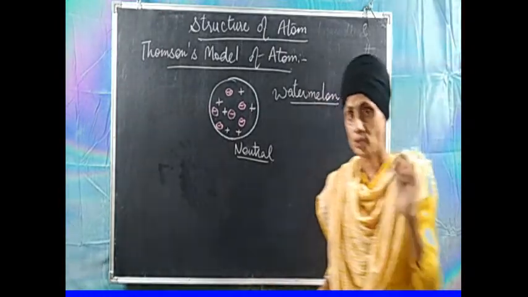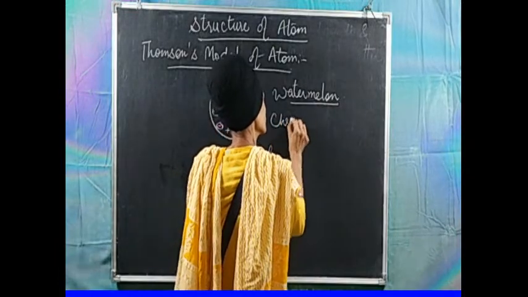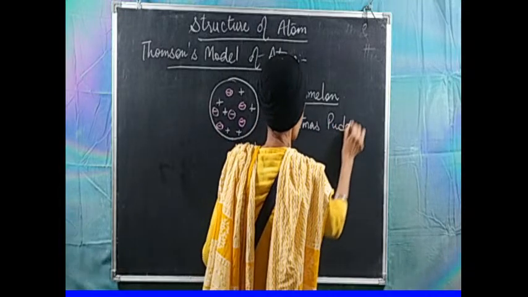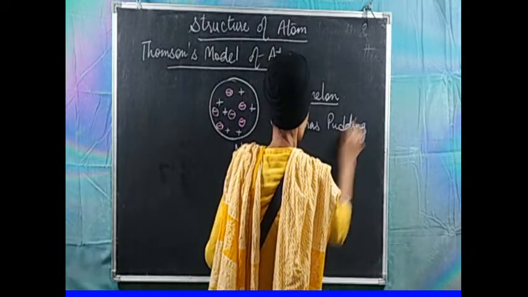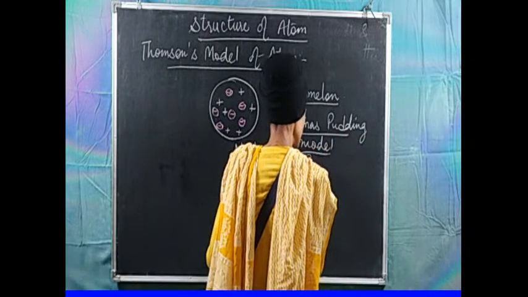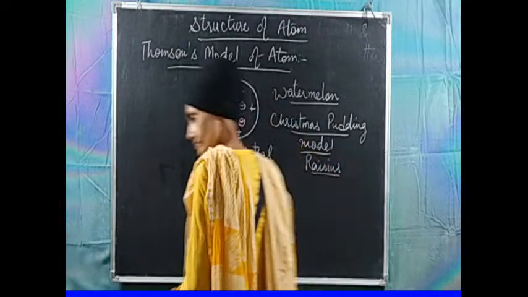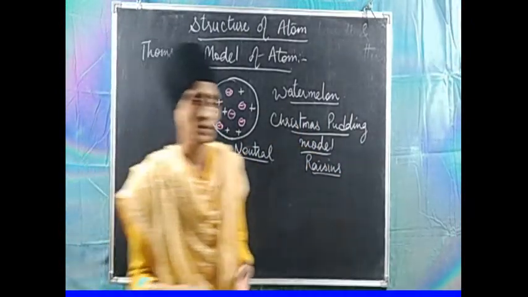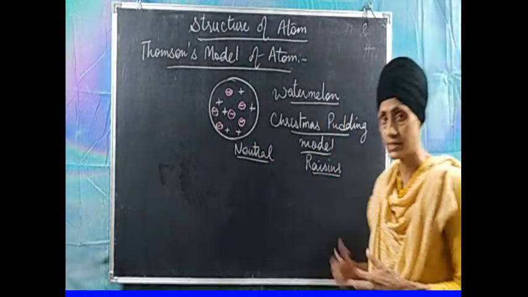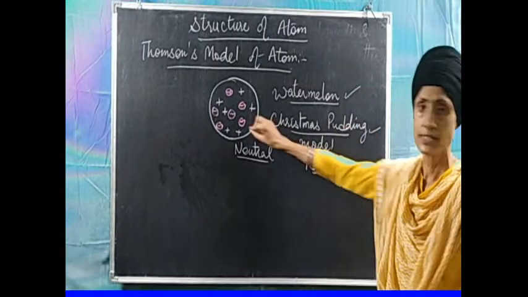It is also called the Christmas pudding model. Why? Because in the pudding, raisins, kishmish, etc. are lying here and there. You can't guess where you are going to find almonds, raisins, etc. So this is called the watermelon or Christmas pudding model.